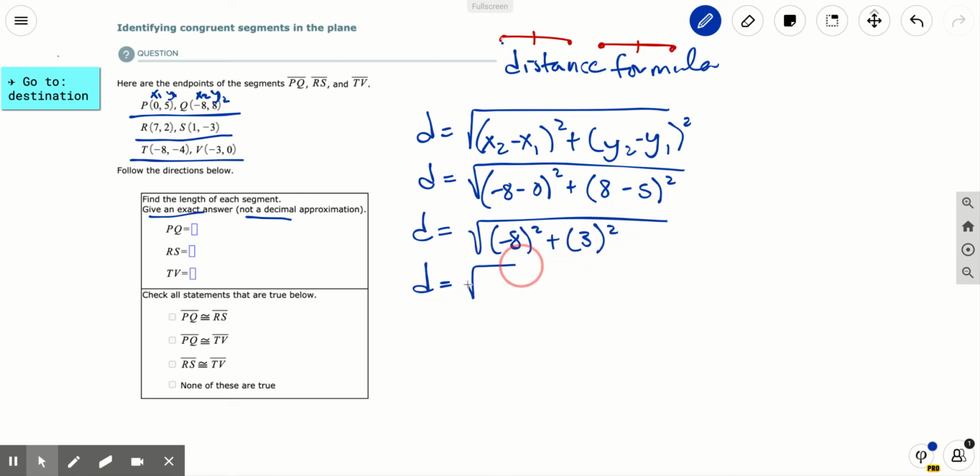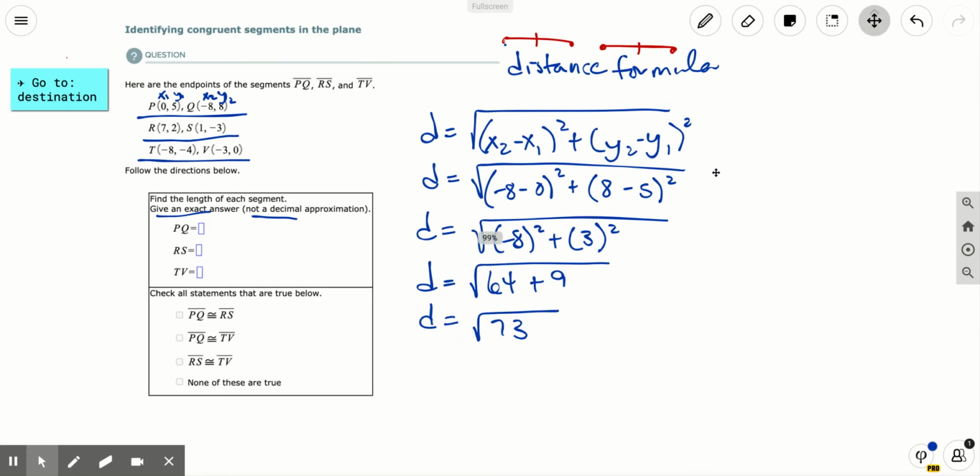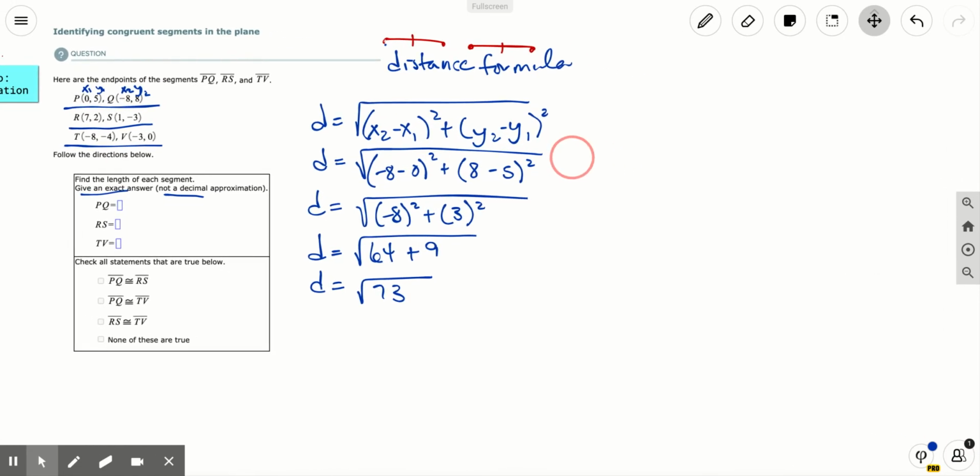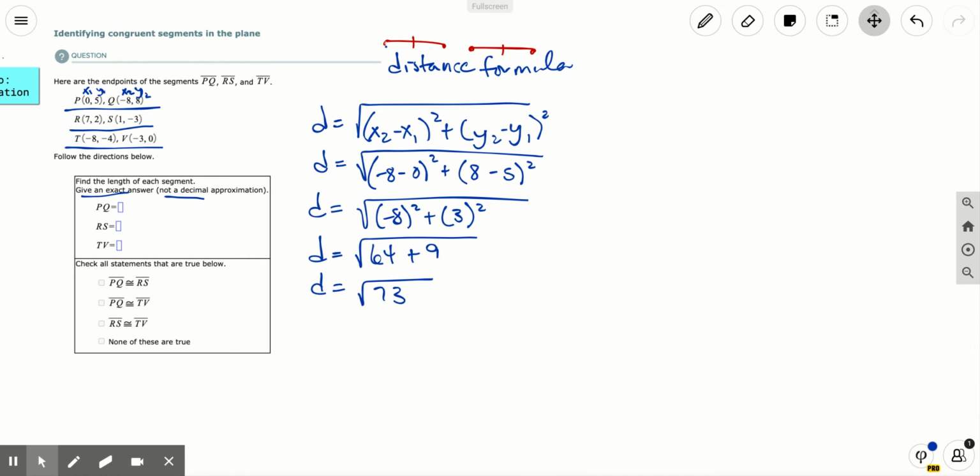D equals the square root of 64 plus 9. D is equal to the square root of 73. Okay, so that's the answer to this one. I'm going to shrink it down just a little so I can move it. Okay, there. All right, so now that's the blue one.